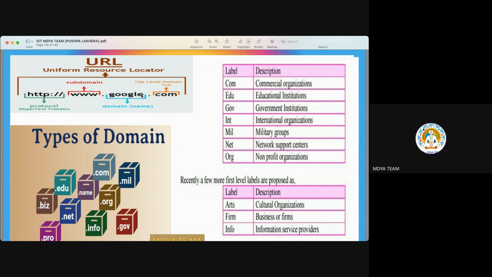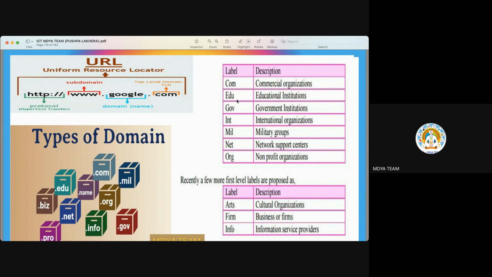Then the domain name of the site you are using. And then the top level domain, TLD, is given. It depends on which type of domain you want to access, like .com for commercial organizations, .edu for educational institutions.